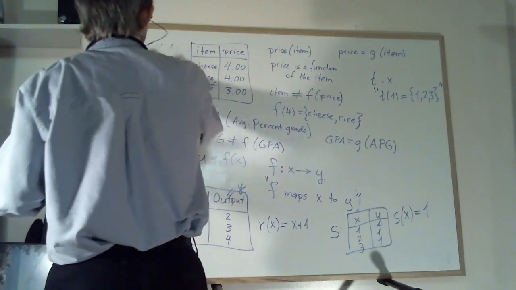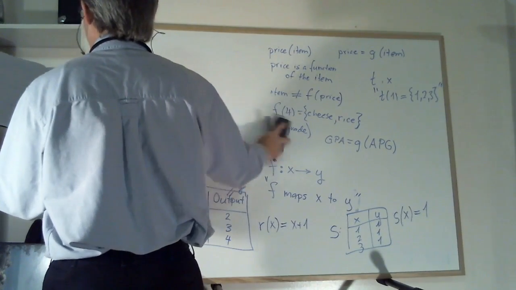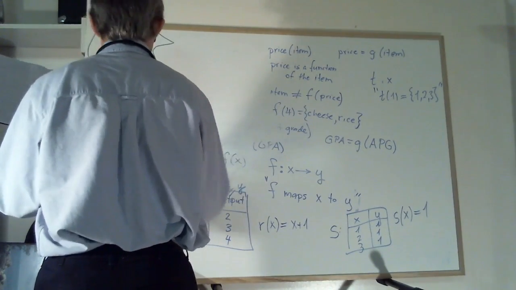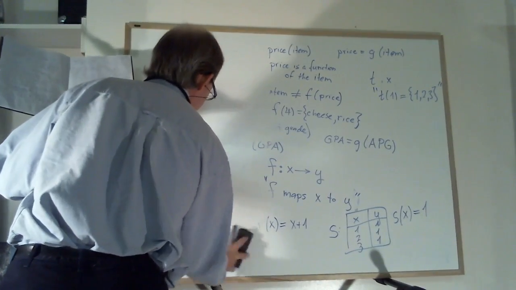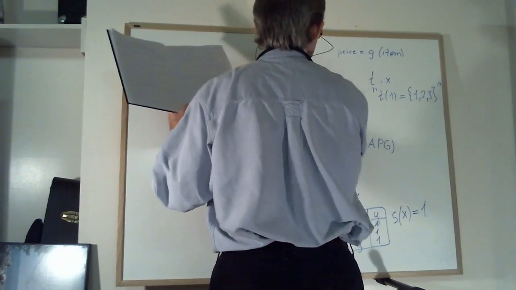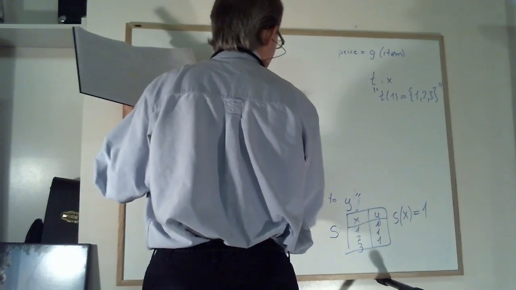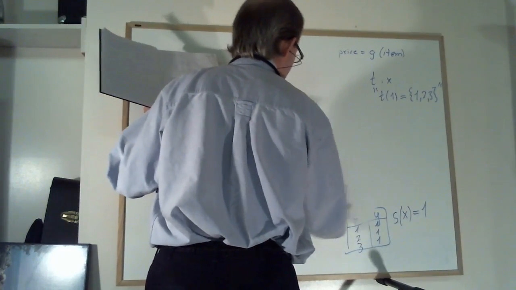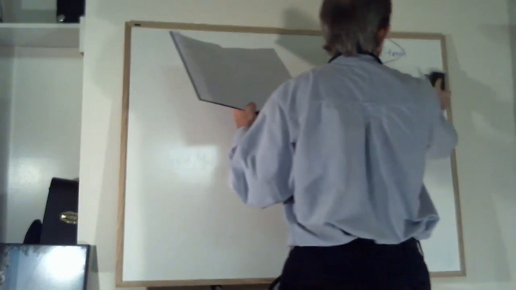Okay, so back to our lecture. Okay, we use a lot of algebra here. So most of our functions will be able to describe the rule in terms of an algebraic relation or an algebraic expression.